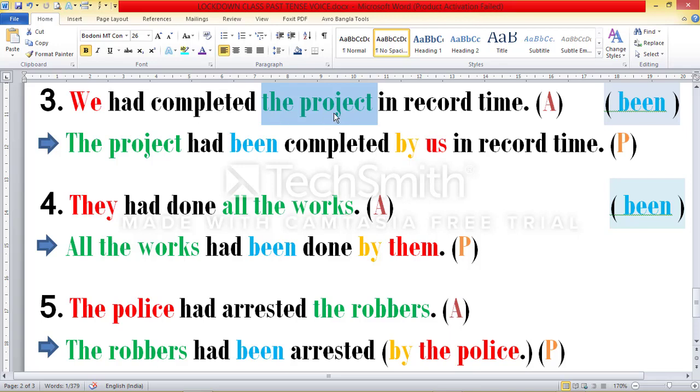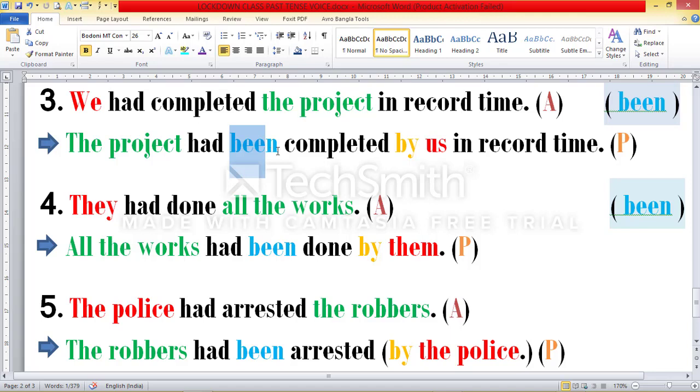First of all, we have to make the object subject. So the project here has been written as subject. After that, as per rule, had will come, the form of have, which is written in case of past perfect tense. Then after writing had, we have to go to the verb been. So been will come after had.